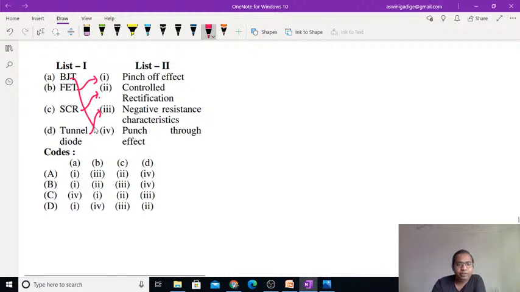The punch through effect, or else the early effect, is for the BJT. So what is the correct option, guys? A to 4, B to 1, C to 2 and D to 3. So option C is the correct one.